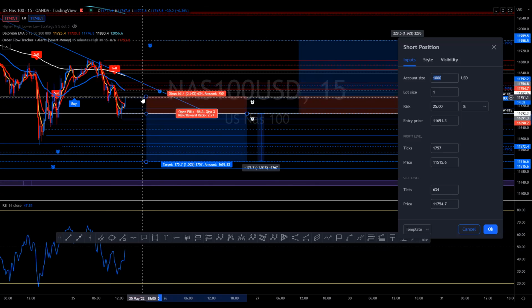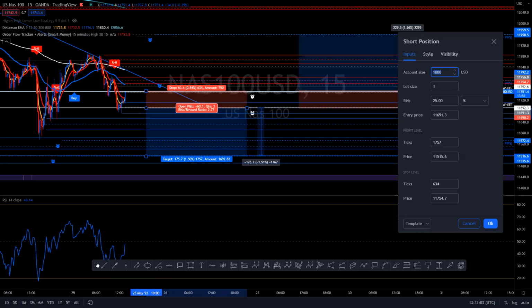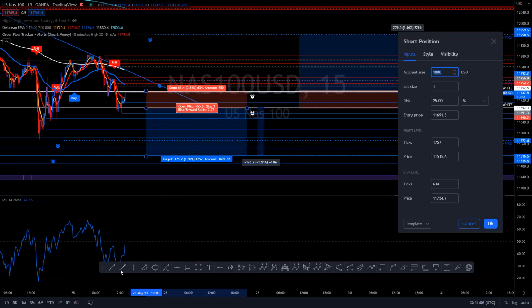Pushing. Probably wait for the next candle, see what's popping. She's kind of resisting this area.